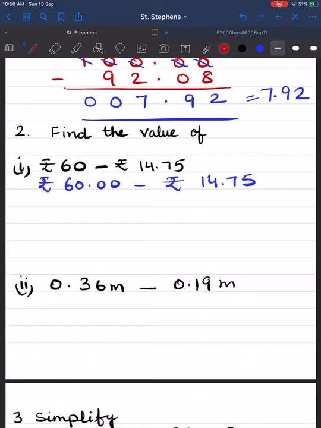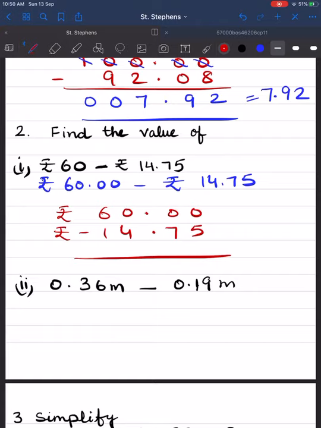So on the top we write rupees 60.00, and below it we write rupees 14.75, and we subtract. So here we get 10 minus 5 is 5, 9 minus 7 is 2, decimal below decimal, 9 minus 4 is 5, and here 5 minus 1 is 4. So we get rupees 45.25.